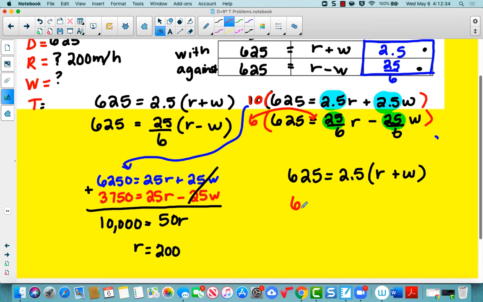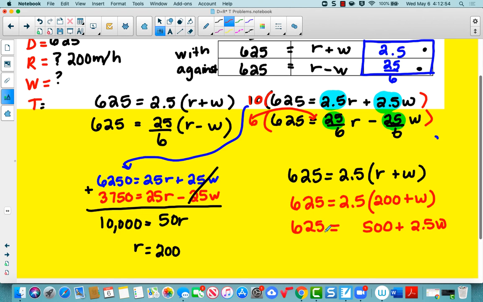When I did that, I got 625 equals 2.5 times 200 plus W. So 2.5 times 200 gives me 500 plus 2.5 W, and that equals 625.